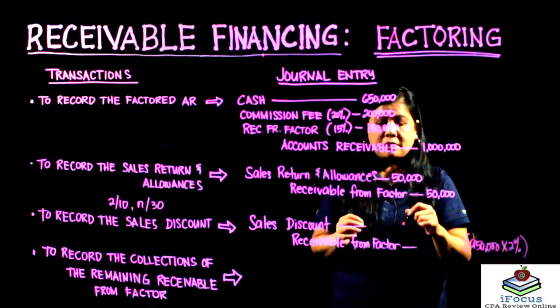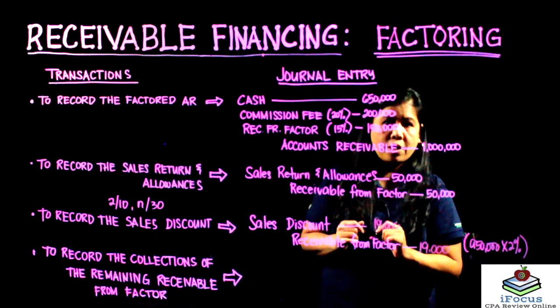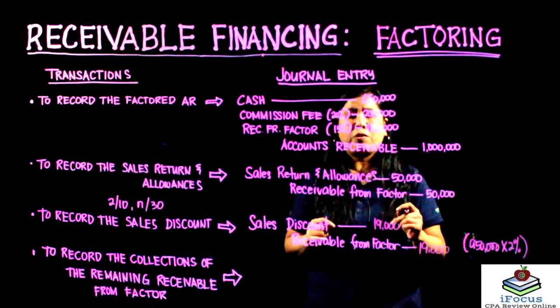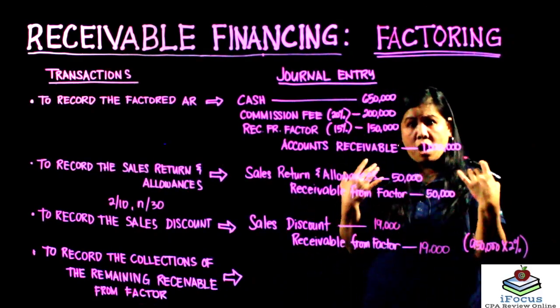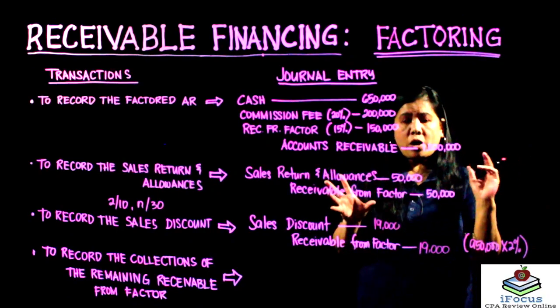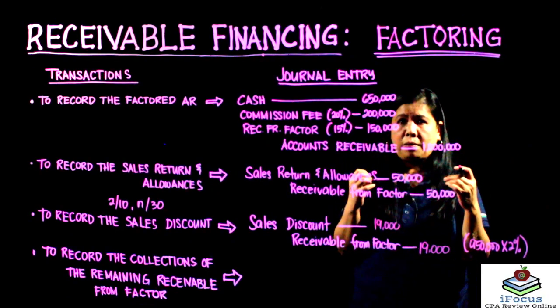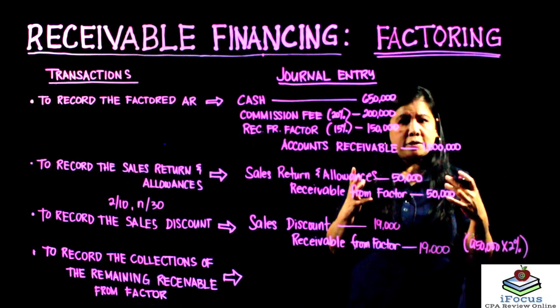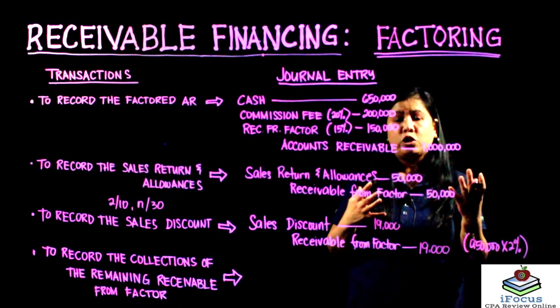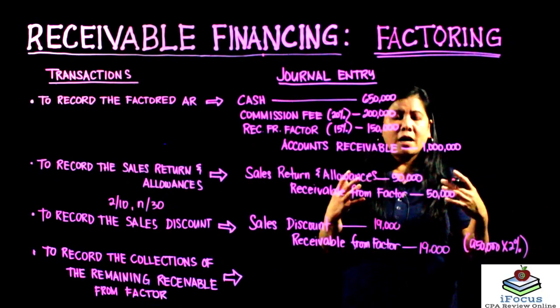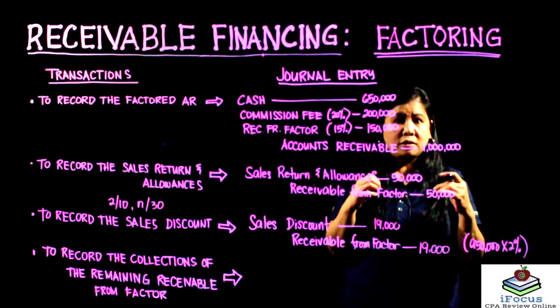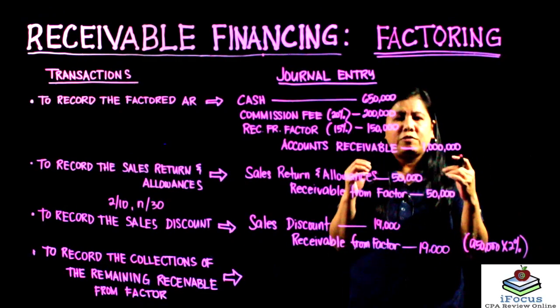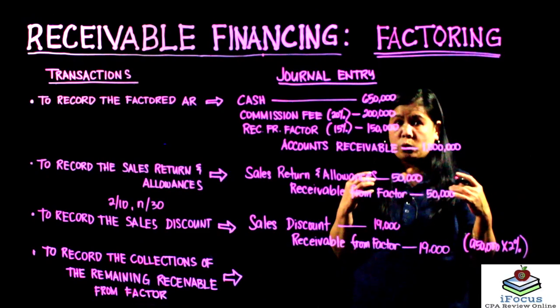And that's going to be 19,000. Bakit natin niless yung 50,000? Kung ako si customer, bumili ako ng 100,000 sa isang company, pero ni-return ko yung 20,000. Then, binayaran ko yung remaining within the discount period. 2% of the 80,000 lang ang maa-avail kong discount.